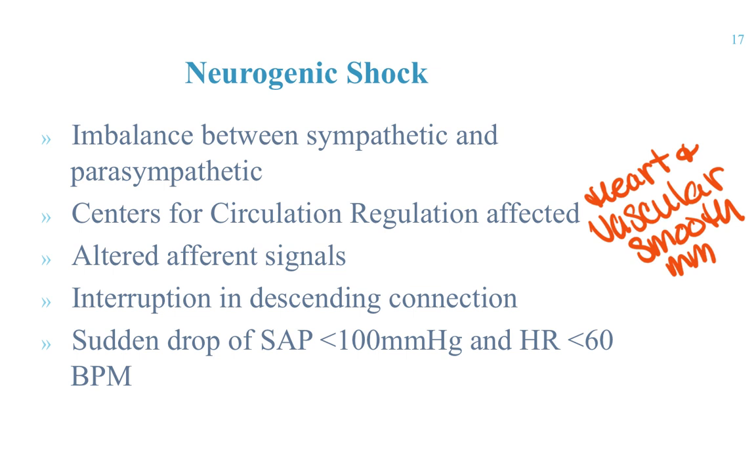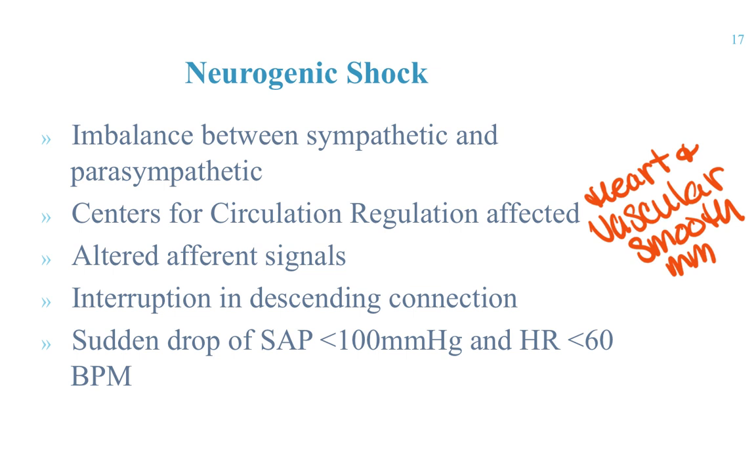So remember, afferent means signals that arrive at the brain. So our medulla oblongata, which is going to control our fear, our stress, our pain, it's going to process that afferent signal. It's going to send the efferent signal, the exit signal, out for that response for the cardiac action and the vascular smooth muscle.